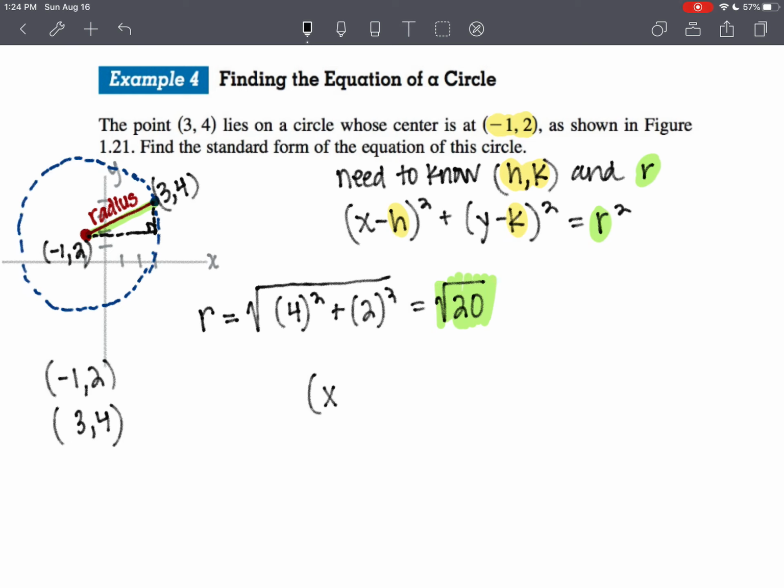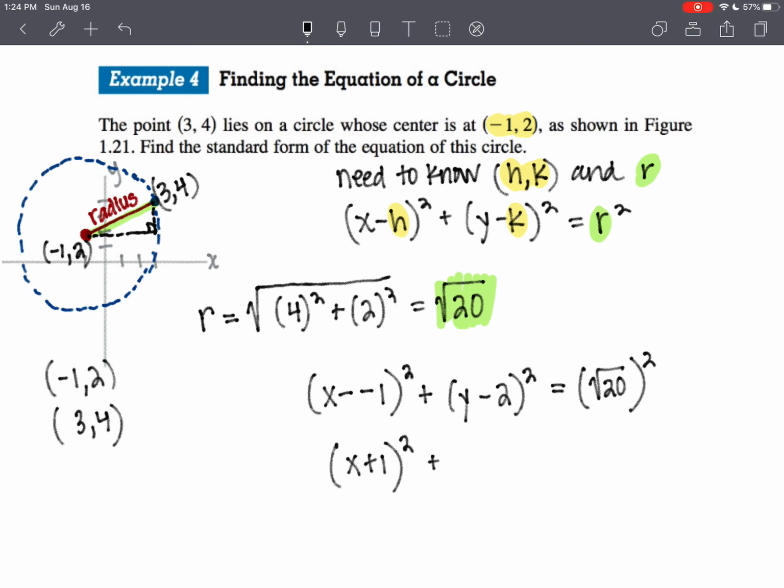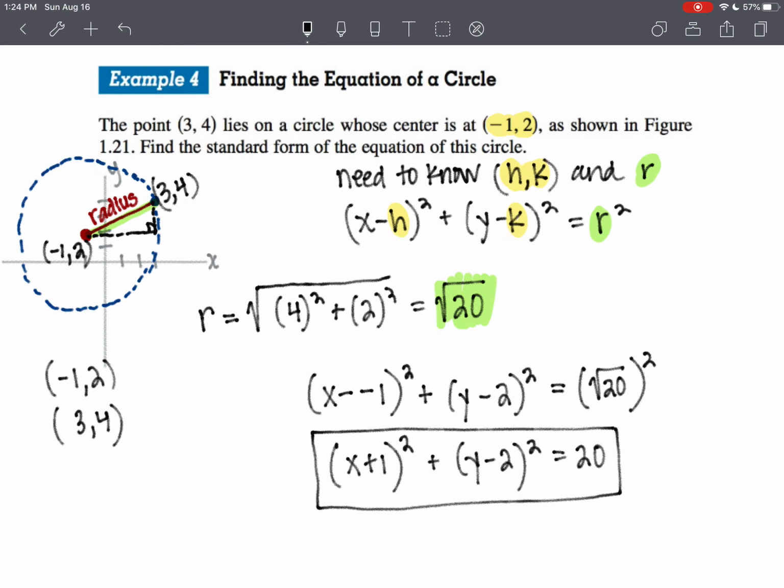So we've got (x minus -1) squared plus (y − 2) squared equals the square root of 20 squared. So our final answer: (x + 1) squared plus (y − 2) squared equals 20. And that's how we write the equation of a circle.